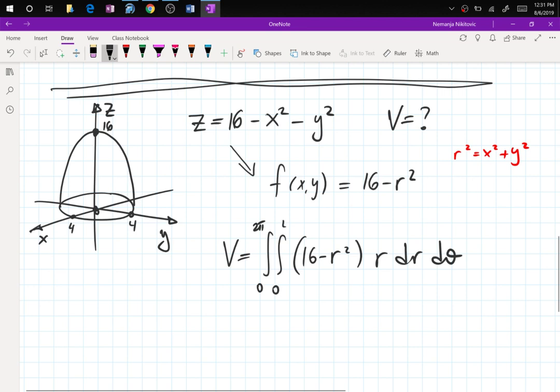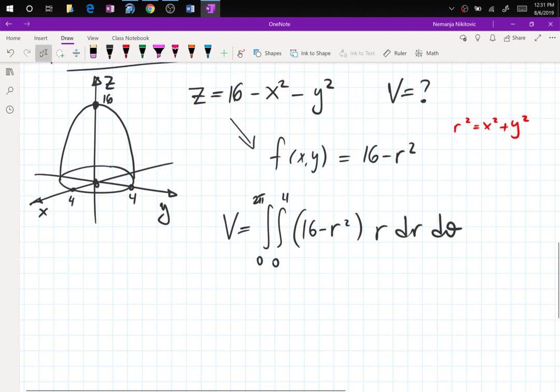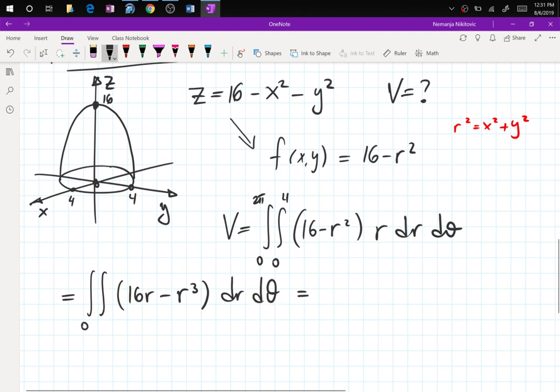And 0 to 4 on the radius, because the object does not have holes in it, it's just a full solid object. So 0 to 4 is the radius going from the origin all the way out. So now we have the double integral of 16r minus r cubed dr d theta.